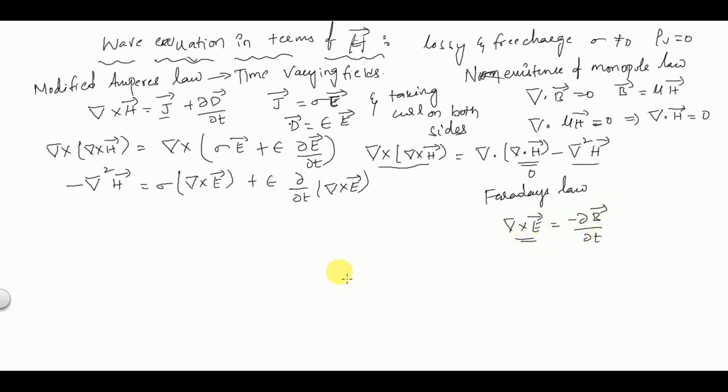So substituting this del cross E here and here, we have minus del square H bar is equal to sigma into minus dou B bar by dou t plus epsilon into dou by dou t of del cross E, which can be written as minus dou B bar by dou t.